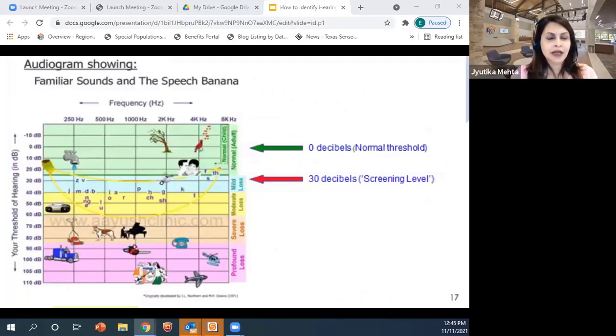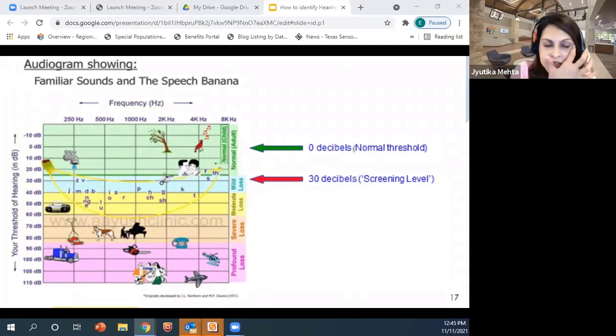Okay, so this is an audiogram. You're probably all familiar with this. I like this particular one, and it's also easy for parents and even classroom teachers to understand what it means.